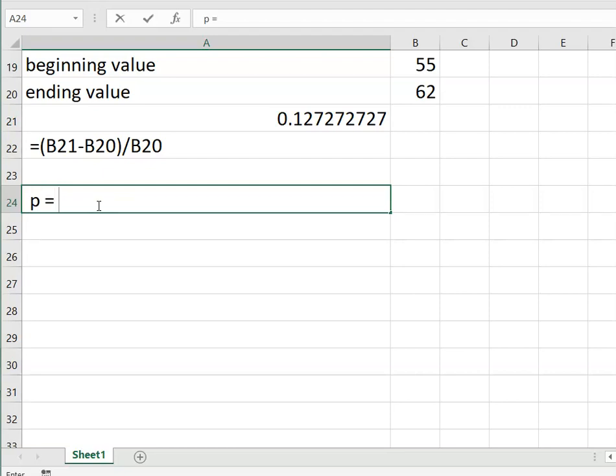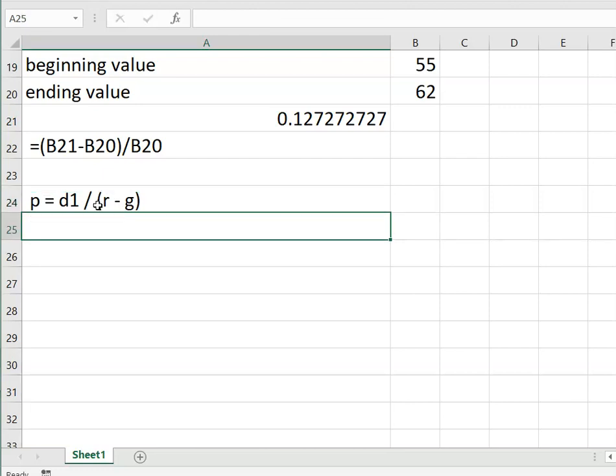Price is equal to the dividend in the next period divided by required rate of return minus the growth rate. Growth factor. Okay? So we can say, let's suppose we have a stock that pays a dividend of $2.